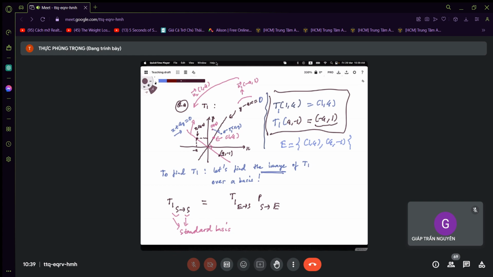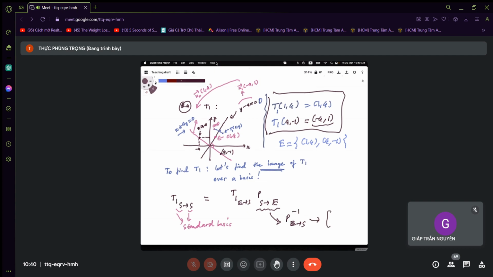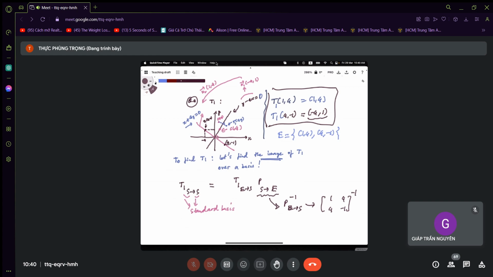Is that right? So from S to E, you know, this one is just (1, 4), and the guy right here from E to S, because you already got the image of T1 over E, you know the answer for this. Is that right?